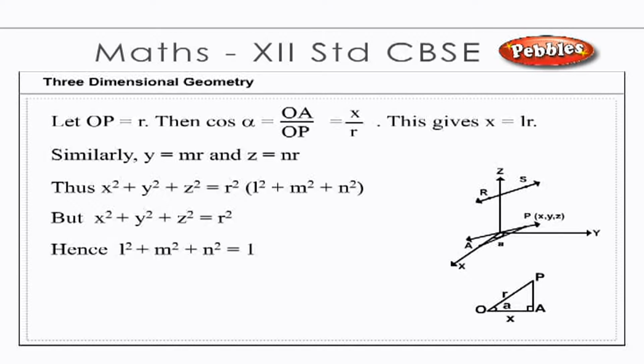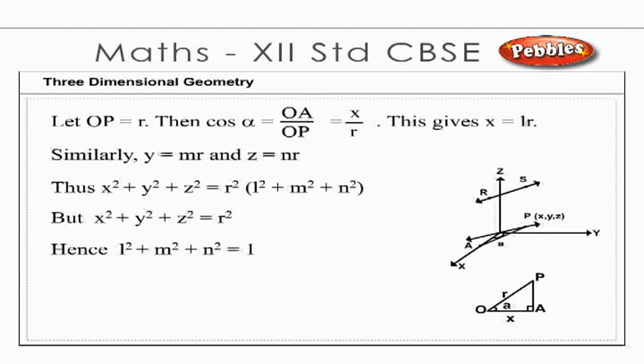Let OP equal r. Then cos alpha is equal to OA by OP, which is x by r. This gives x equals l r. Similarly, y equals m r and z equals n r.